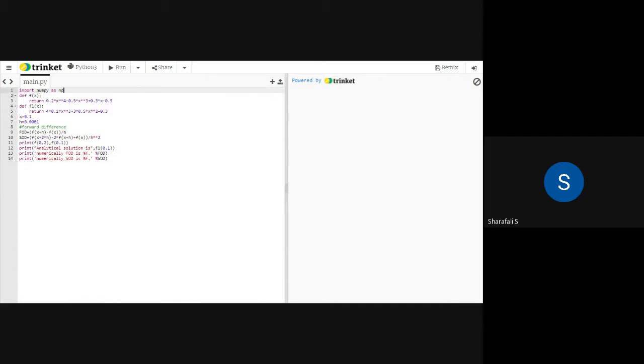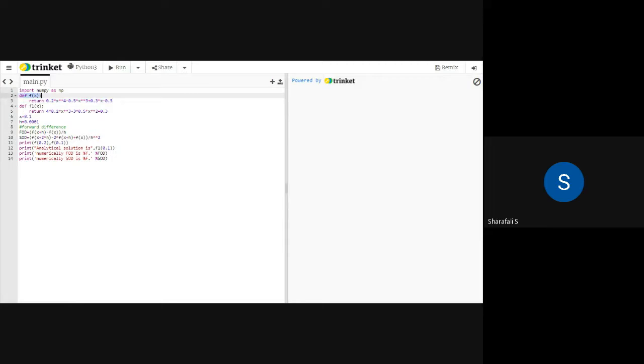Again, we define f of x, where you have to define your function, that is 0.2 times x raised to 4 minus 0.5 times x cube. That is your polynomial in the given problem.